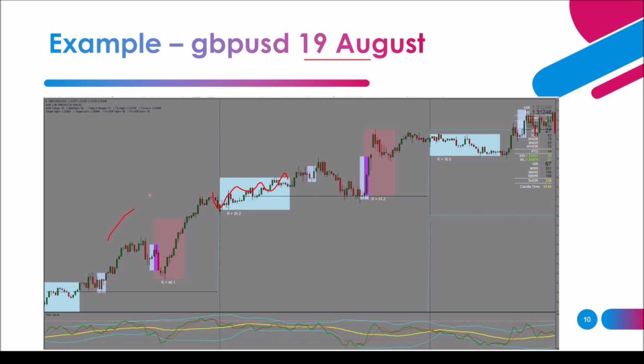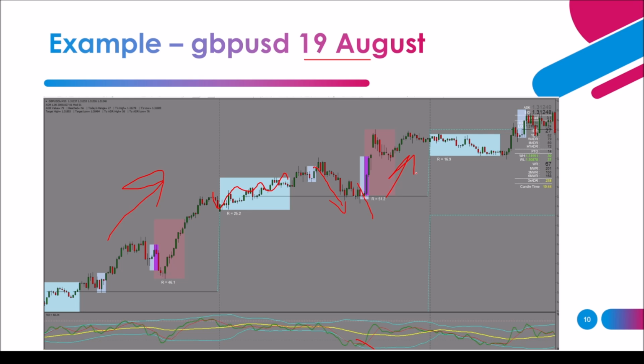We can see there was a trend, then we had an Asian session, then we had an opposing London session move to the downside, then we have a shark fin at the end of the London session, and a crossover of the RSI line and the signal line, which was somewhere around this particular point, and the market went to the upside. So basically, you have a higher accuracy if you actually look for the perfect models of this particular trading strategy.